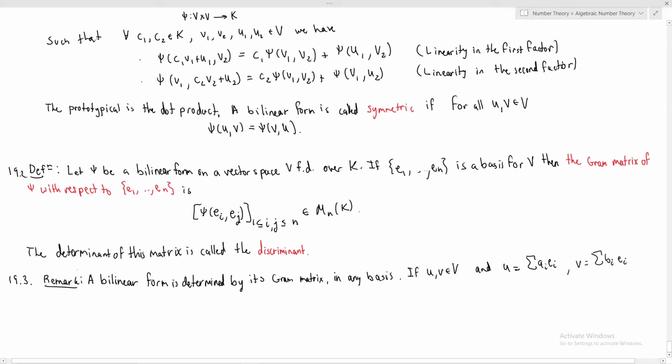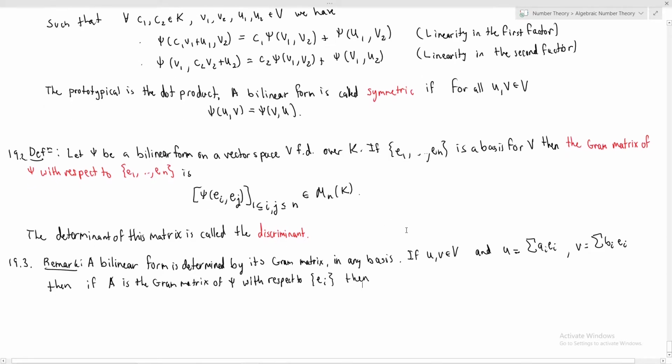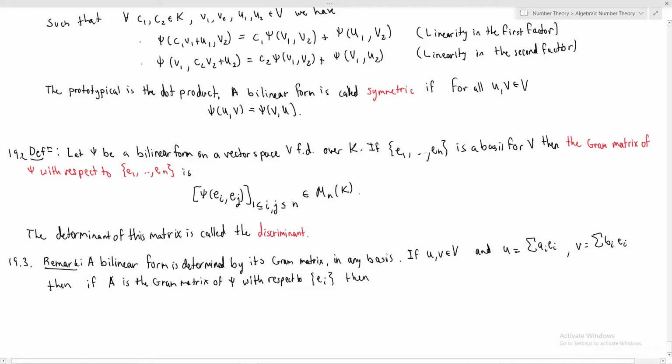Well then, let's say A is the Gram matrix of psi with respect to our basis of EIs.